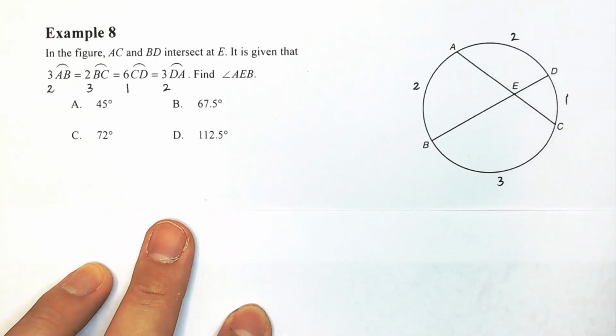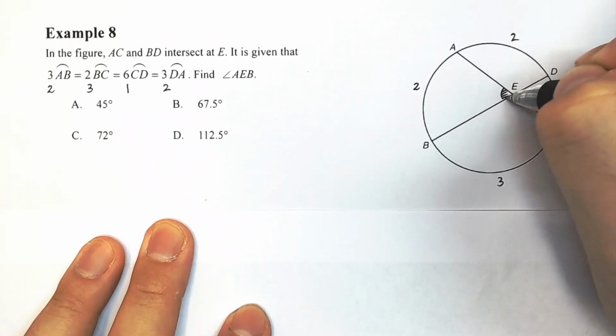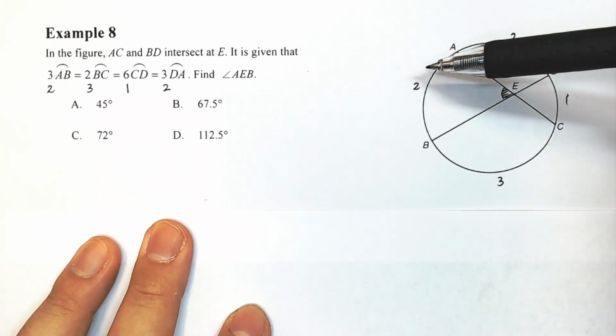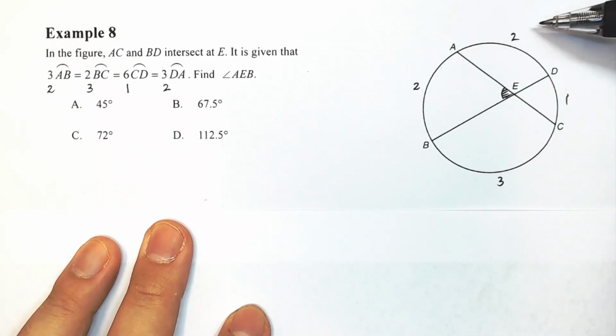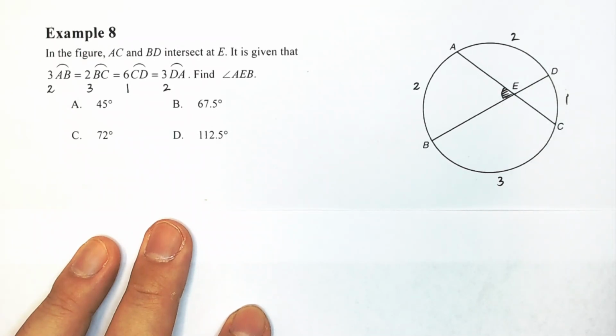Now you need to find angle AEB, that is here. It's not an angle at center nor at the circumference. So we need to make use of the arc proportional to angles at either the circumference or the center. Since nothing related to center is given, I opt to use the angle at the circumference.